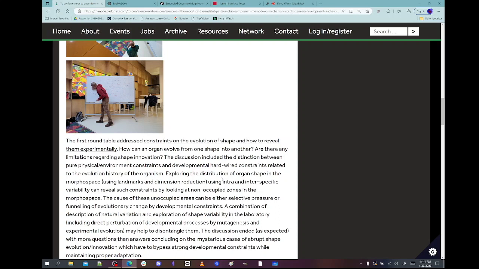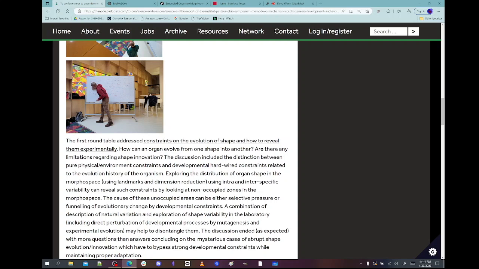For example, what kinds of shapes are possible given certain evolutionary conditions, developmental conditions, and so forth. And then how to reveal them experimentally, so how to do experiments that intervene in that process to show some of these possibilities or show how these things are constrained. How can an organ evolve from one shape into another? Are there limitations regarding shape innovation?